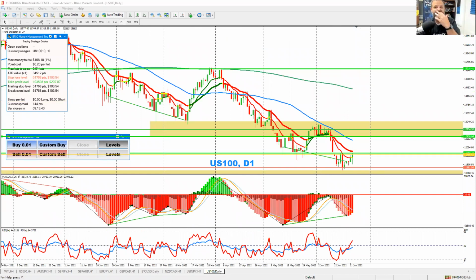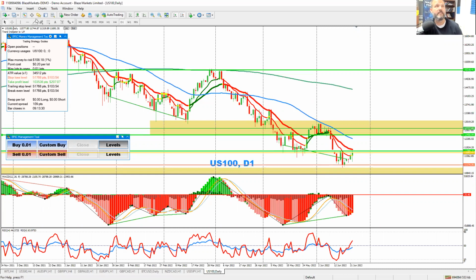So I think that's so helpful in trading, right? Knowing these zones and just taking the time to do the work ahead of time. Do your homework. Trading doesn't have to be hard.